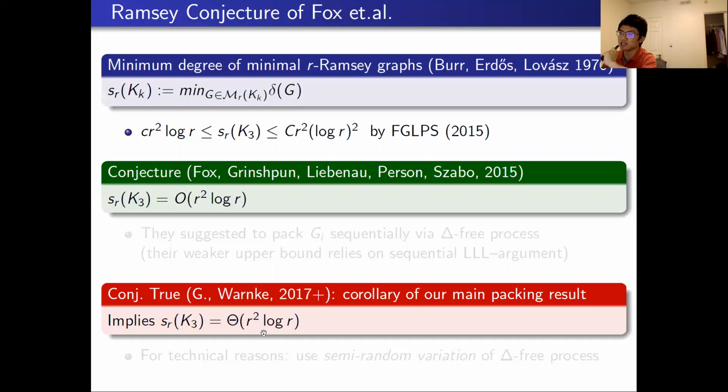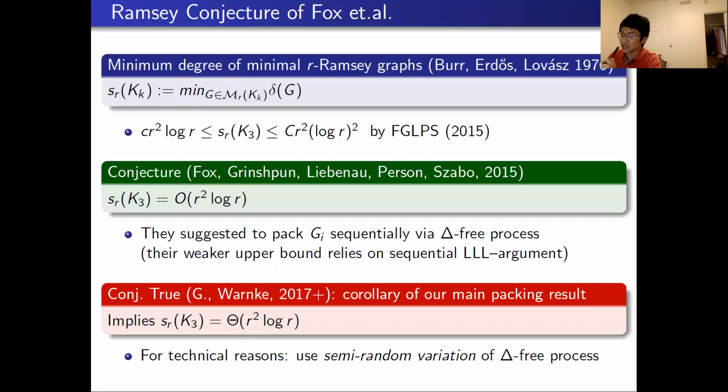Let me mention that they have a nice lemma to convert a packing result like ours to a bound on s_r(K_3), so it's enough to prove the packing result to get the bound on this Ramsey parameter. To get their upper bound, they proved the packing result by subsequently using the Lovász Local Lemma, so that's why there is an extra log factor in their upper bound.